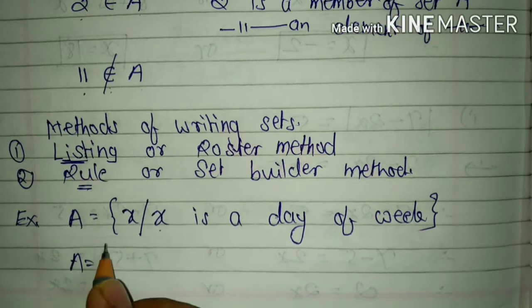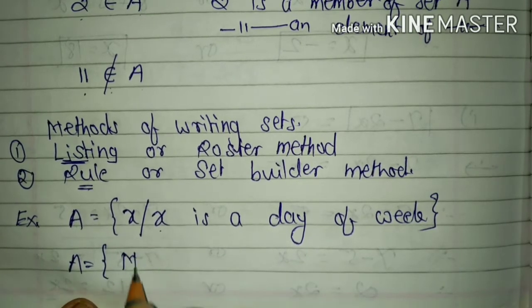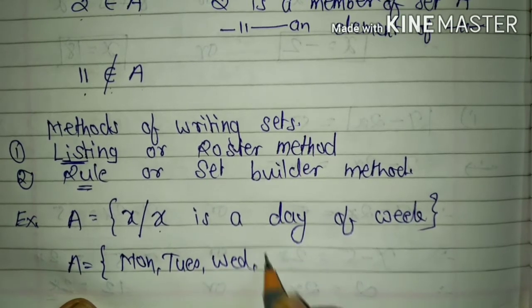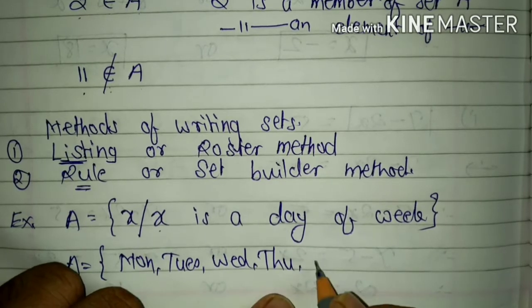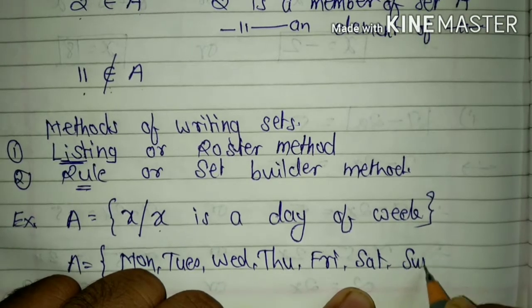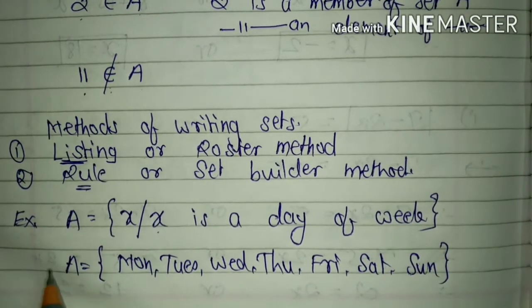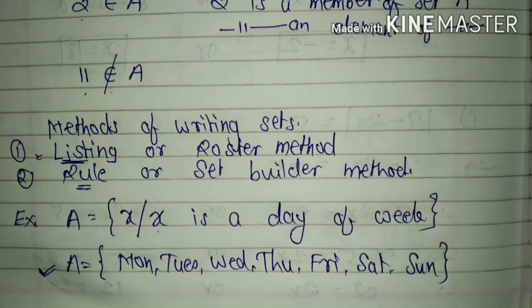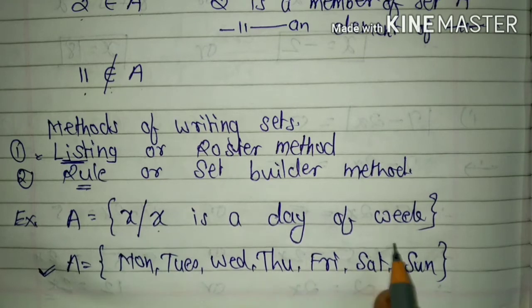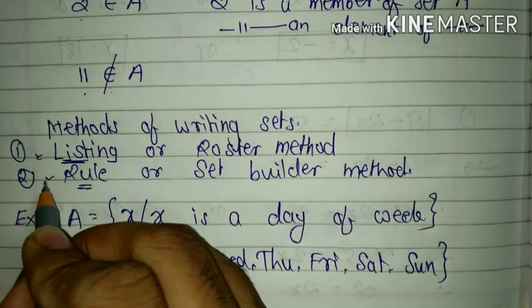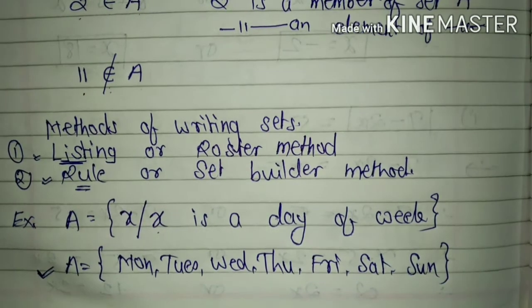So we can write A is Monday, Tuesday, Wednesday, Thursday, Friday, Saturday and Sunday. If I am writing the set in this form, it is called the listing method. If I am writing it in the form of a rule or a formula, this is the rule method.